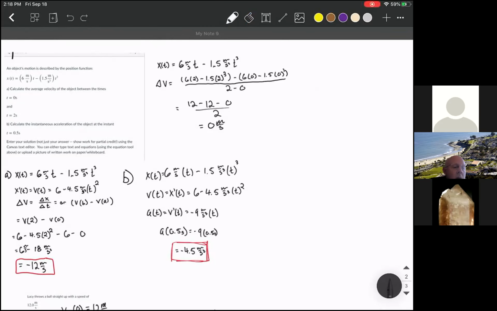Okay. So the first one, if I'm reading this right, is your average from an interval of 0 to 2. And your second one is calculate an acceleration at a half a second. Enter your answer and show your work.